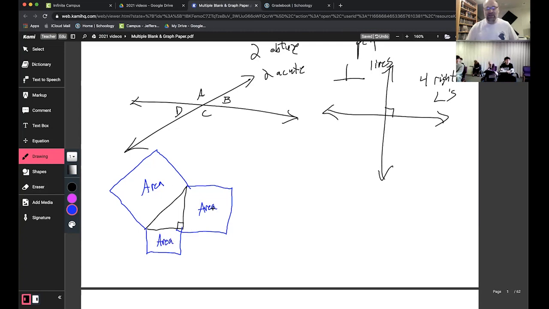Geometrically, this is what he discovered. If I put all the squares from this in here, it would fit perfectly.